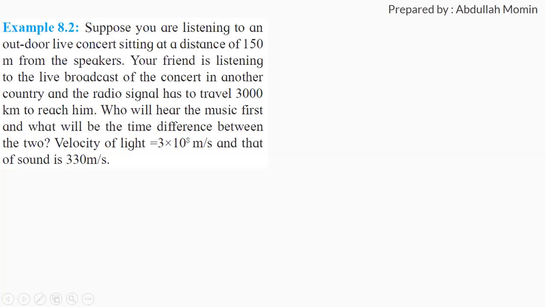Your friend is listening to the live broadcast of the concert in another country, and the radio signal has to travel 3000 kilometers to reach him. Who will hear the music first, and what will be the time difference between the two? Velocity of light is 3 into 10 raised to 8 meter per second, and that of sound is 330 meter per second.